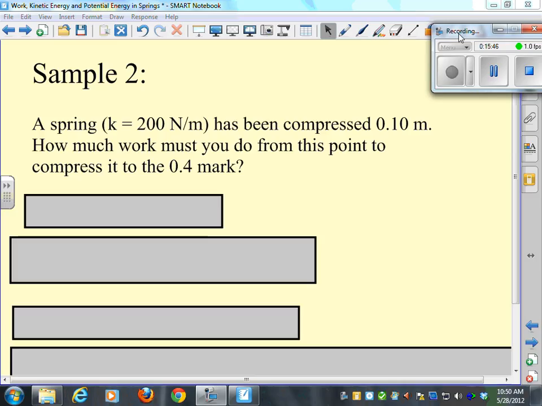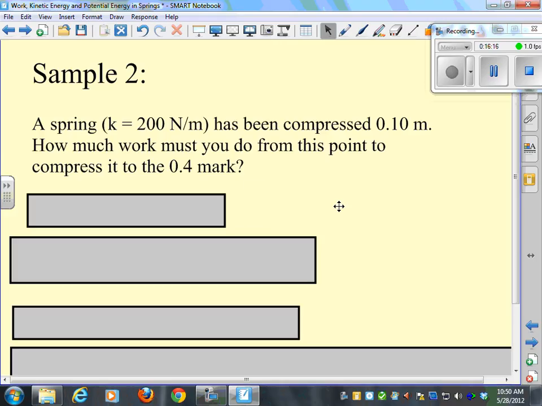Can you just go 0.4 minus 0.1 and say, we'll just use 0.3 in our calculations? At first glance, you might think that seems to be okay. Well, let me ask you this. Is the first 10 centimeters the same amount of force required as the last 10 centimeters? So can you just subtract those two? I don't think you can.